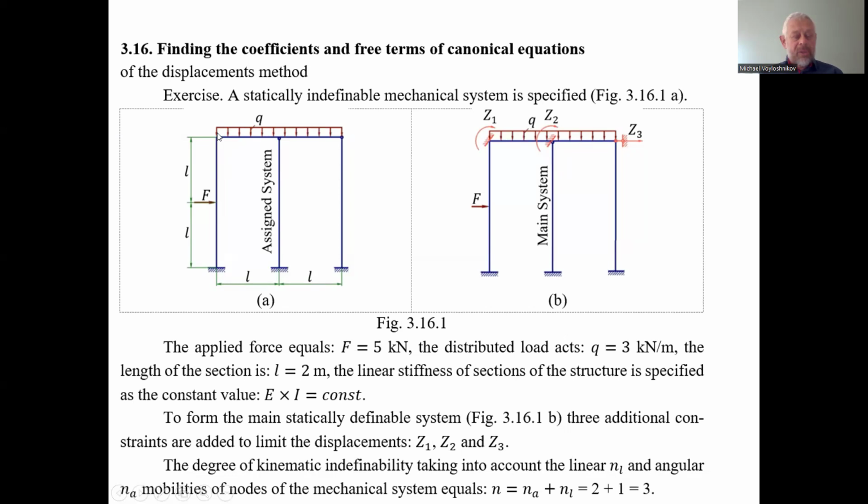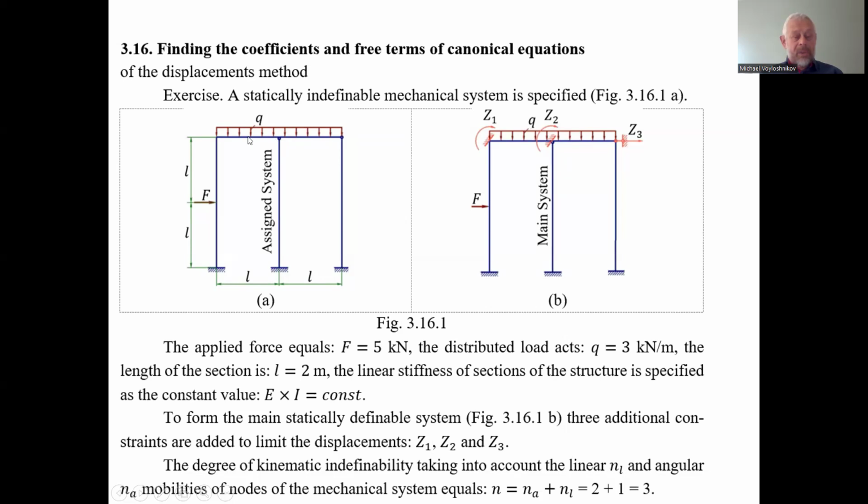The first one is the connection of the left vertical stand and the horizontal beam. This connection is rigid. The second is the connection here. It looks like a hinge, but the hinge is the attachment of the second stand to the horizontal beam. So this is a hinge between the stand and the beam, but the beam is continuous and rigid.